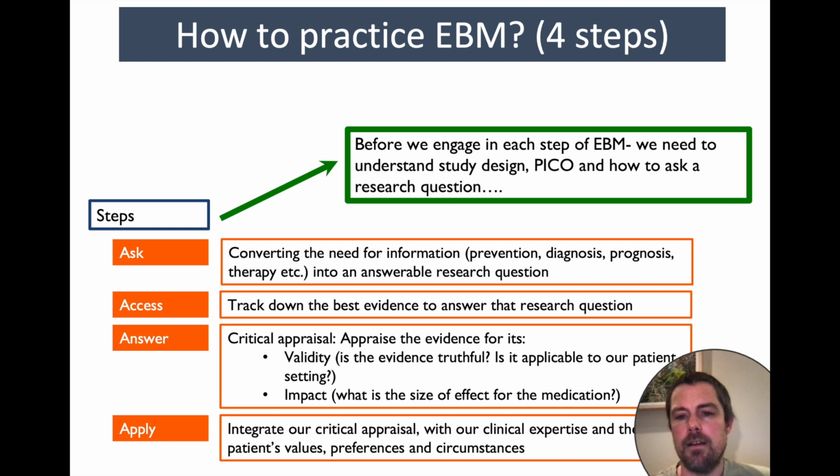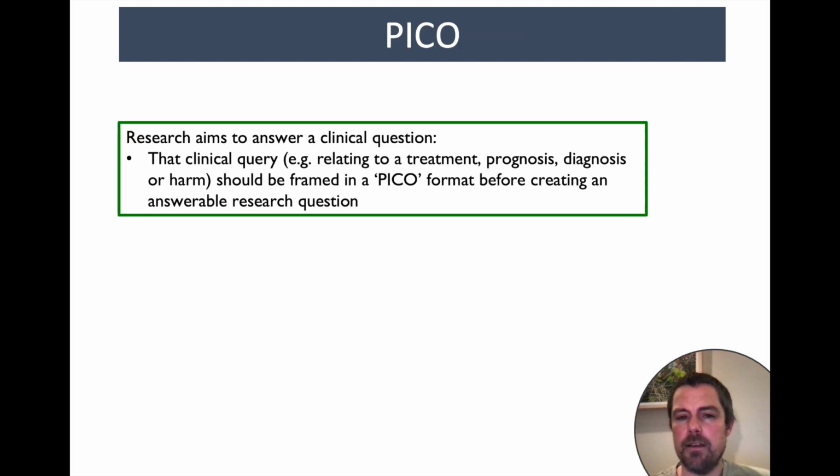All right. Before we engage in EBM, we have to understand study design, and we've done that. And now we just need to go through what PICO is. So PICO is we want to answer a certain clinical question, and that's what research aims to do. So the clinical query can be framed in this format.